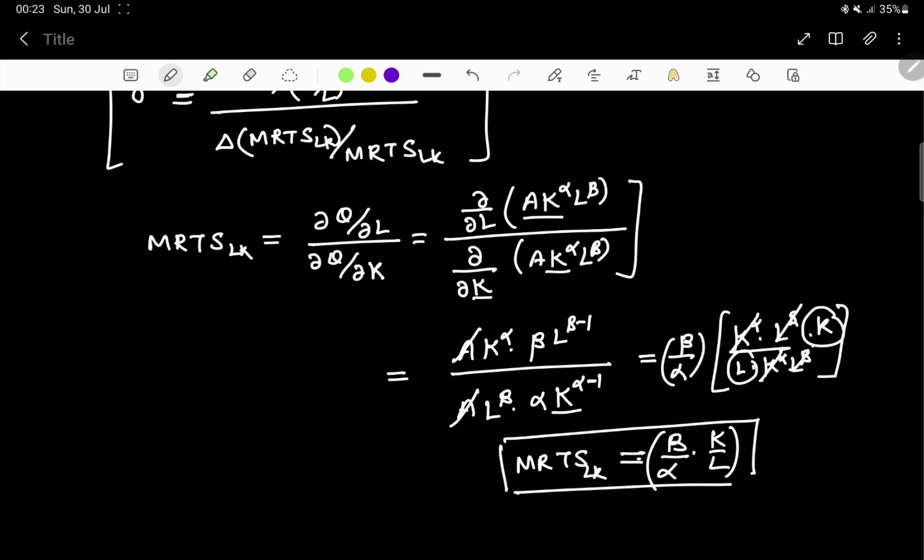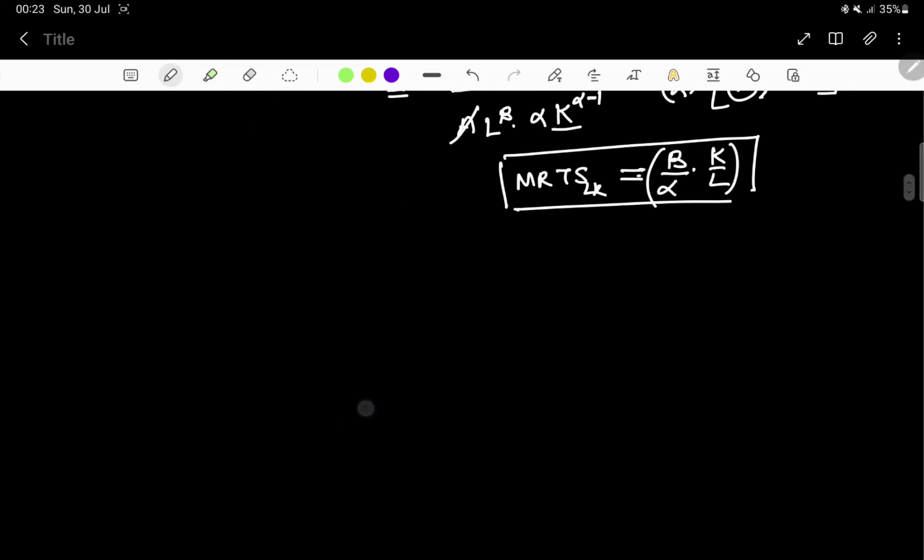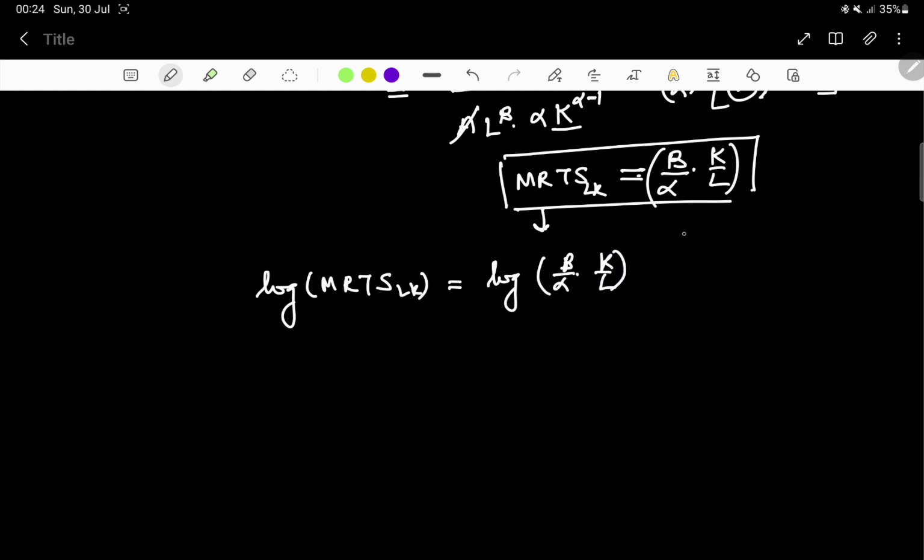Now we have got MRTS LK for the Cobb-Douglas production function. Now it would be easy for us to solve for sigma. Now we can take log on both sides of this MRTS LK. So if we take log, what do we write? Log of MRTS LK is equal to log of β by α into K by L. Now we can apply the property of log, which says if there is a log of m into n, it can be written as log m plus log n.